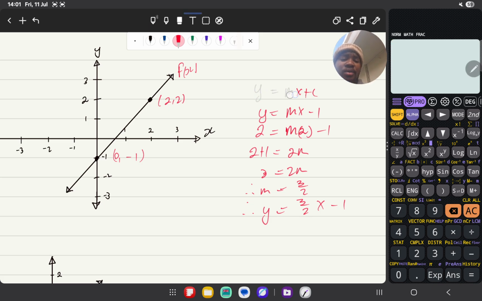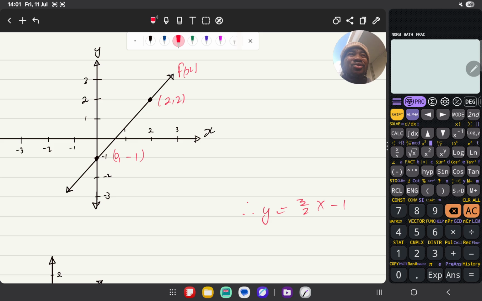And for this, I will remove these. For this question, maybe they would ask you, I'm not going to do the domain and range, because the values are always from negative infinity to positive infinity. But I could say this is my y-intercept here. I could ask, what's my x-intercept? For the x-intercept, y equals 0. So you go to your function, 0 equals 3 over 2 x minus 1, right?